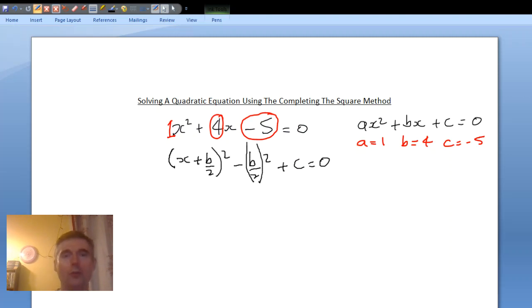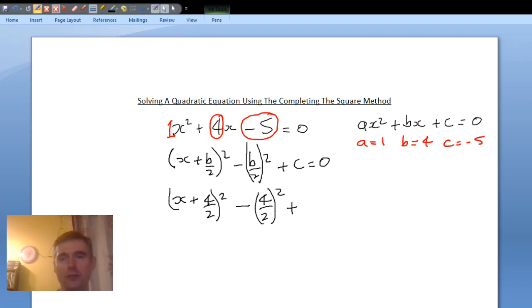So if I rewrite this now, replacing b by 4 and c by minus 5, what we'll get is this. We'll get that the bracket starts with x and then it becomes 4 over 2, because b is 4, all squared, minus 4 over 2 in a bracket, again because b is 4, all squared.